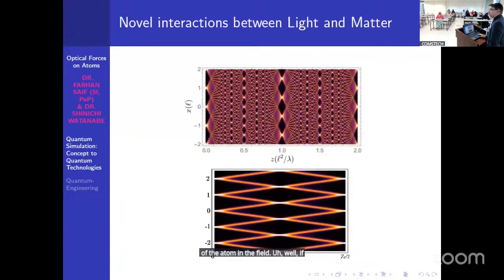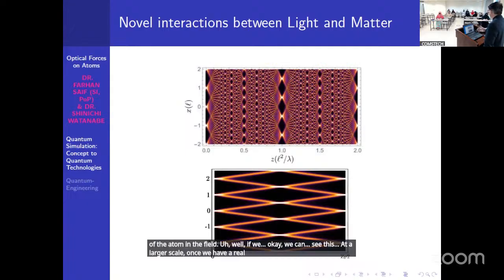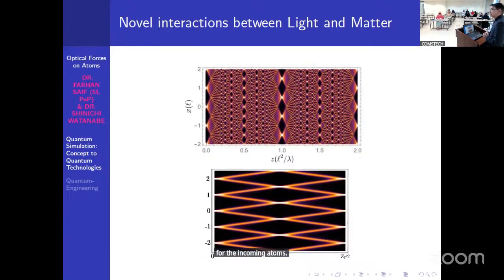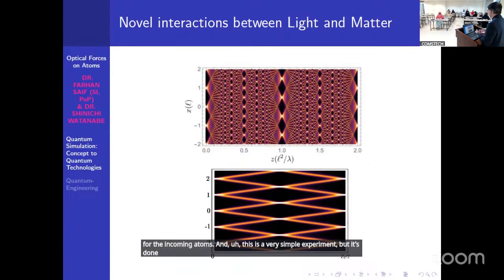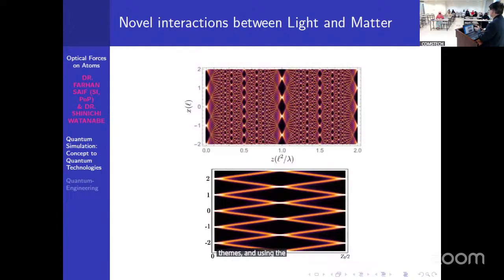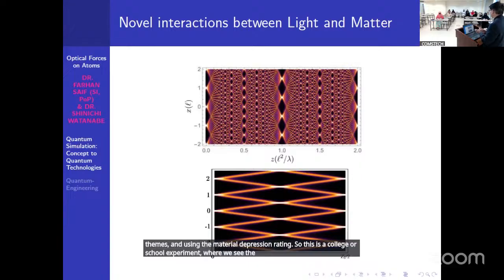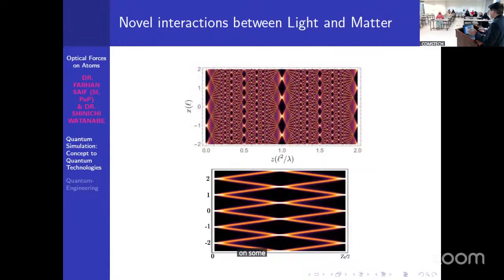We can see this at a larger scale once we have a real diffraction grating made by the optical field for the incoming atoms. This is a very simple experiment, normally done with classical fields and a material diffraction grating. It is a college or school experiment where we see the image of the diffraction grating on a screen once light passes through it.